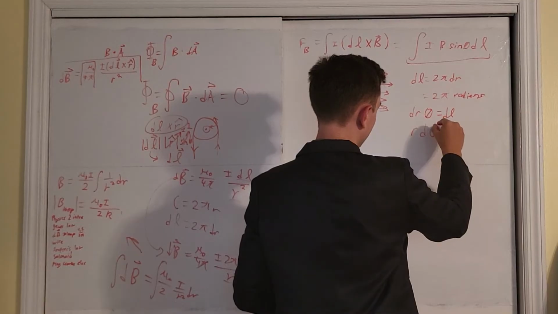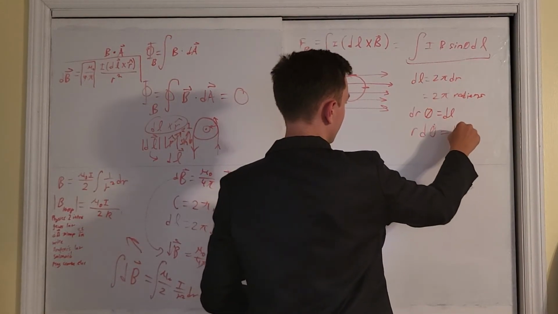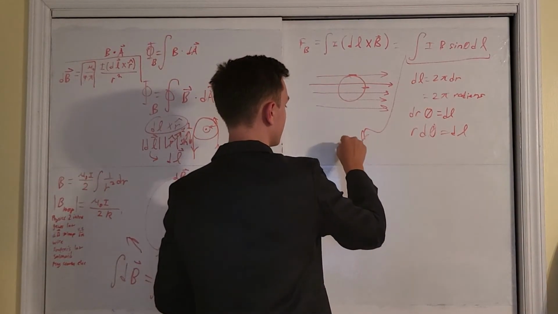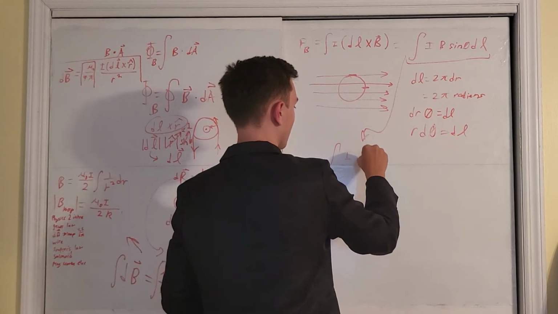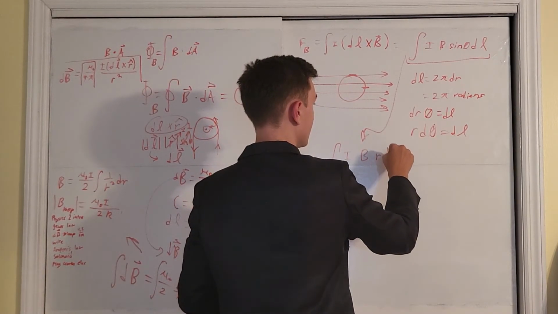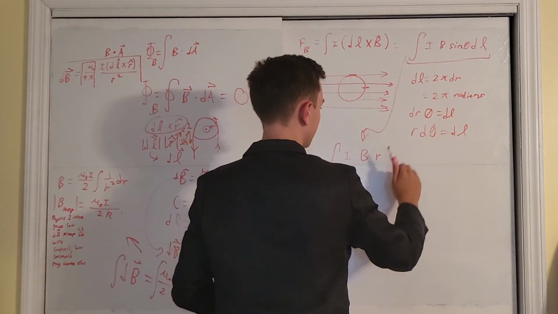R d theta, if we want to switch around our differentials, which will function in this integral we have just derived. Therefore, I can pull this down here, and for this example, I can calculate the integral of I times the B field times R d theta sine theta, or R sine theta d theta.